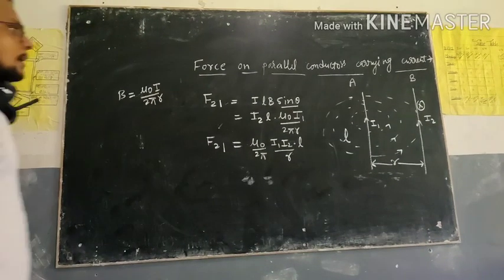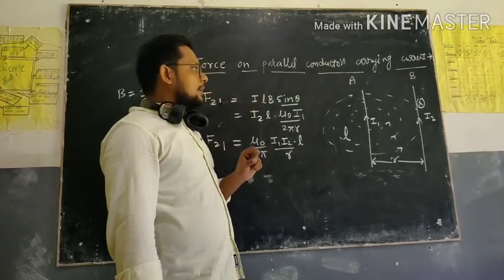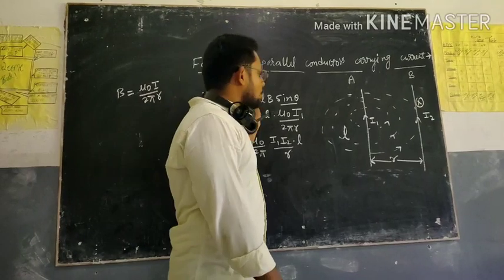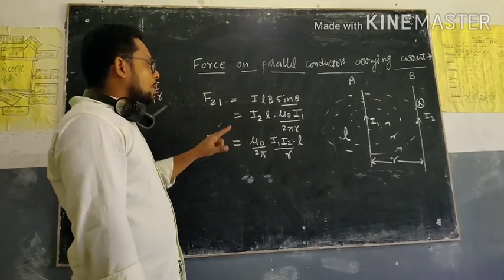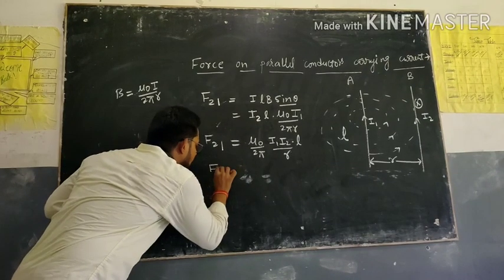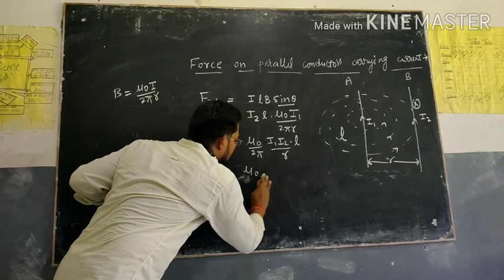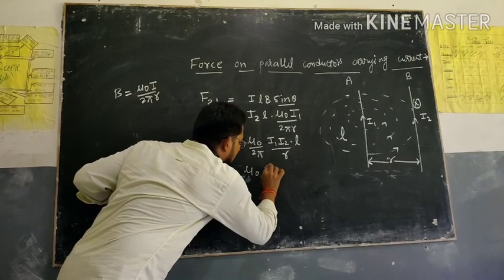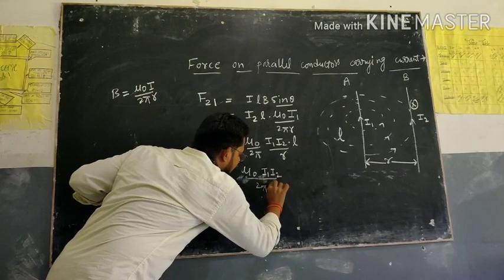Okay, my dear student, at some places it is written as force per unit length at the place of force. So somewhere it is also written as force per unit length as mu naught I1 I2 by 2 pi r.